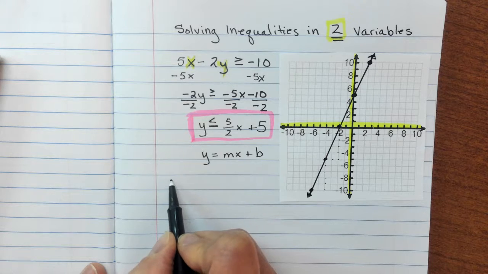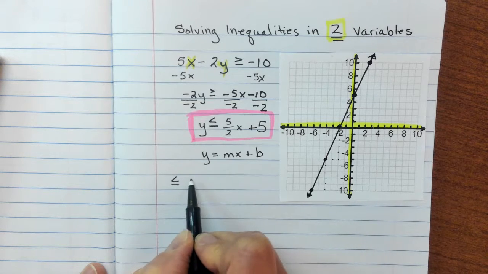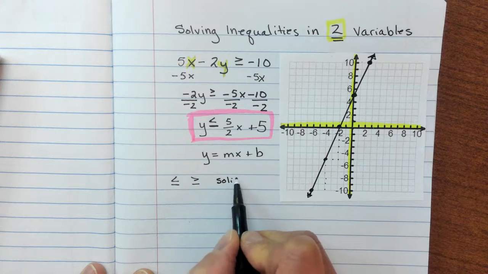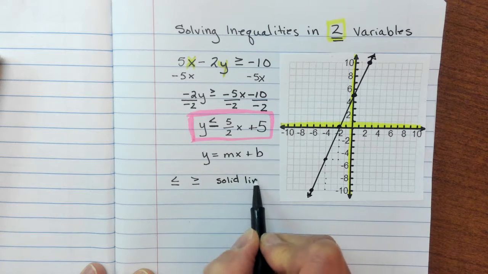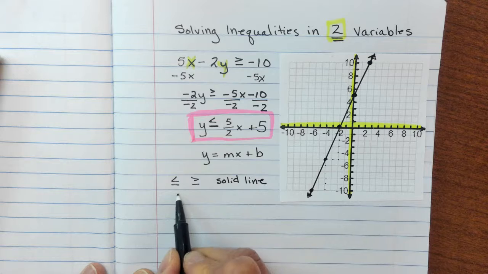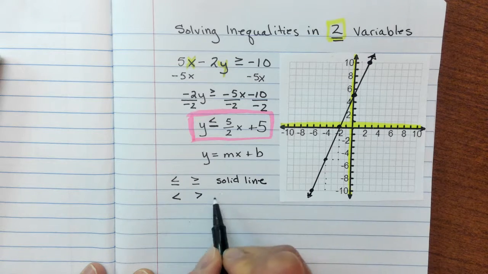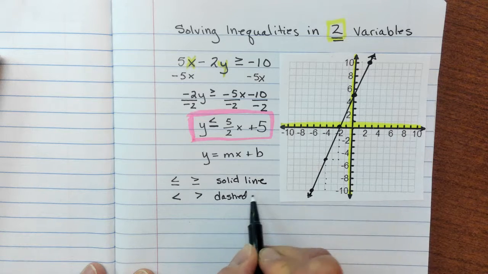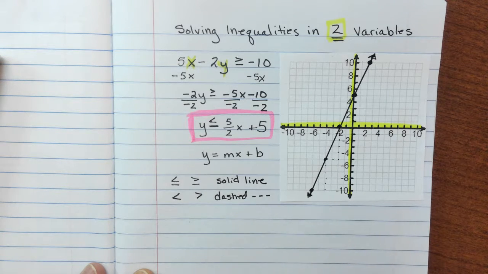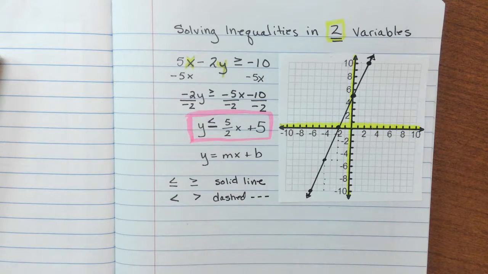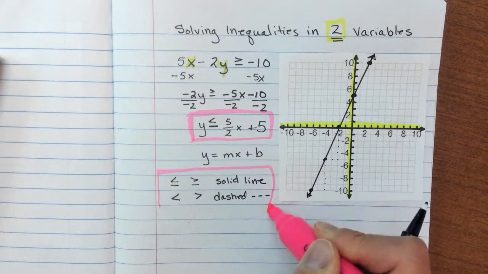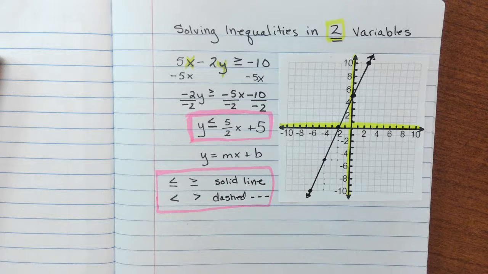If I have this or this, it's going to be a solid line. If I have this or this, it's going to be dashed. And dashed means like this. Okay, so that's just a little key that we may want to have to help us remember.